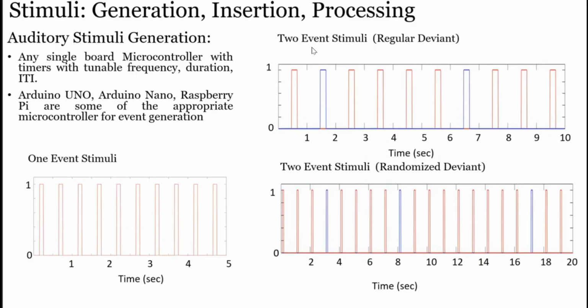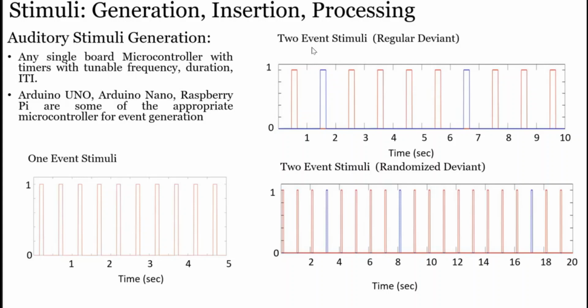In case of two event stimuli, it is 900 milliseconds. In other words, the one event stimulus is presented at 2 hertz, whereas the two event stimulus is presented at 1 hertz.